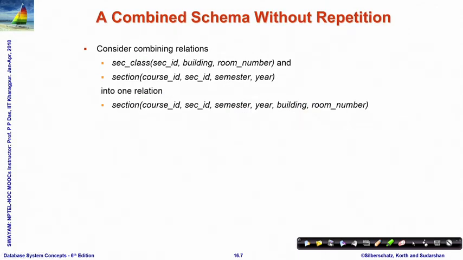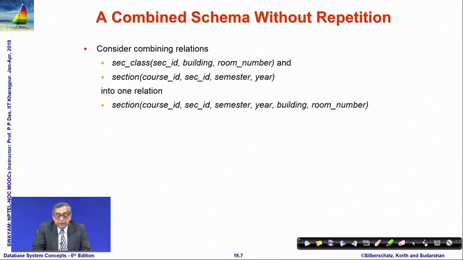Let us say we look into another combination of schema. Suppose section is a relation which has the sections of a course, giving the section ID, semester, year, and say section class is another relation which tells me for a section ID what is the building and room number where it is located.